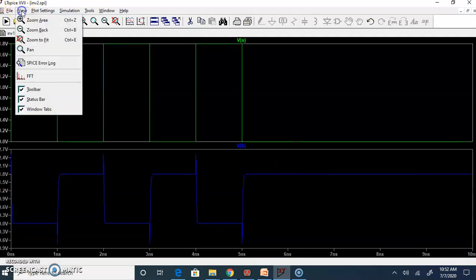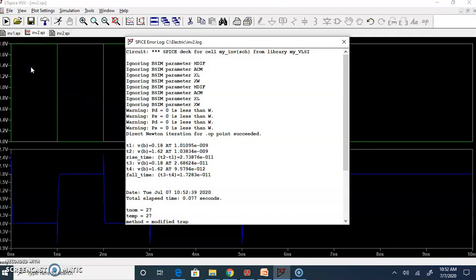We will observe the SPICE error log, and we can observe our rise time over here as 27.38 picoseconds and fall time as 17.28 picoseconds. That means our measurements are changing when we change the W by L ratio of our inverter.